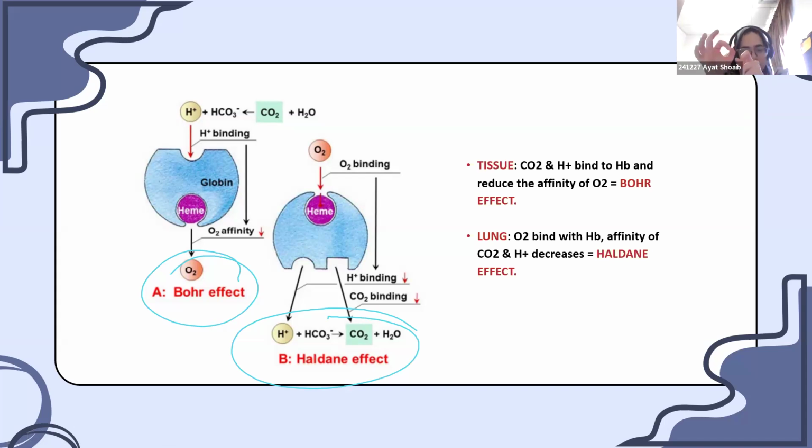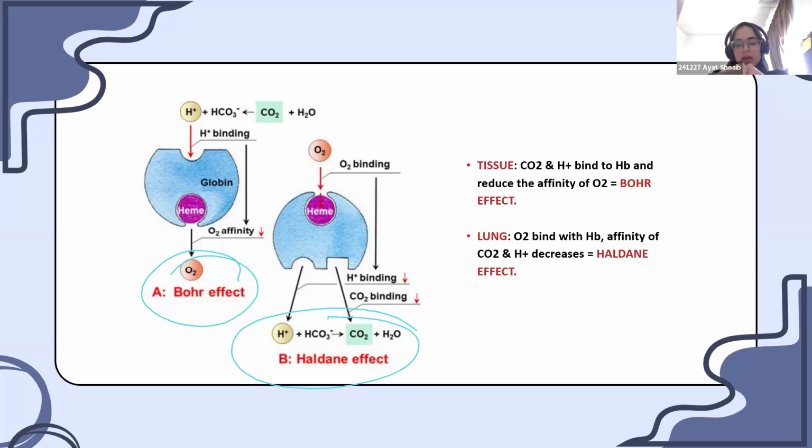You need a free form of oxygen to use it. So because carbon dioxide is so high in the tissue and it's binding to the hemoglobin, it's making it let go of the oxygen, okay? Then you have the oxygen that was let go, the free oxygen. Because you let go of the oxygen, you have more available to your tissue, okay? That's why you have the Bohr effect here.